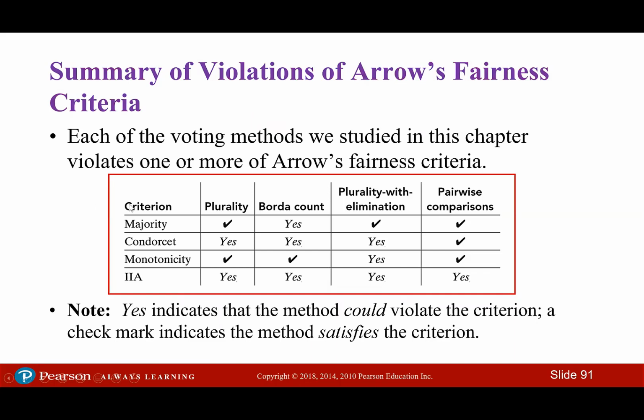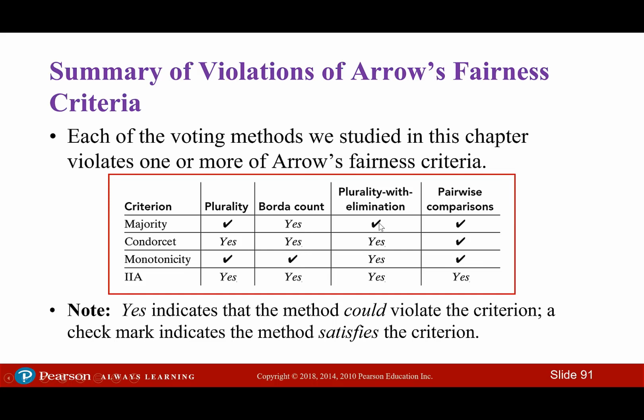So each of the voting systems, as we looked at before here, right? All these systems that we looked at, the plurality vote gets you the majority and the monotonicity criteria. The Borda counting method, in a sense, would always keep in mind the monotonicity criterion, but it could violate these other ones here.